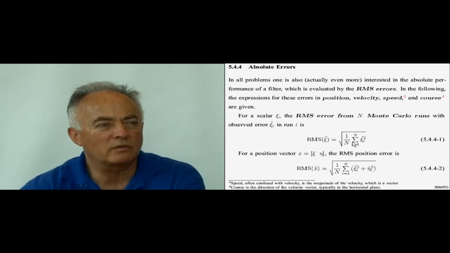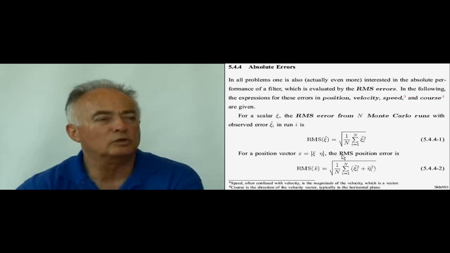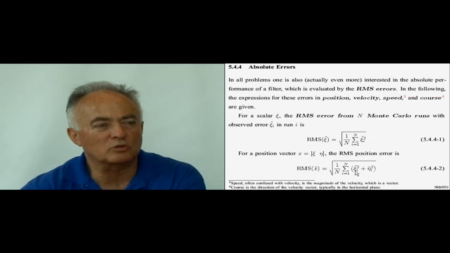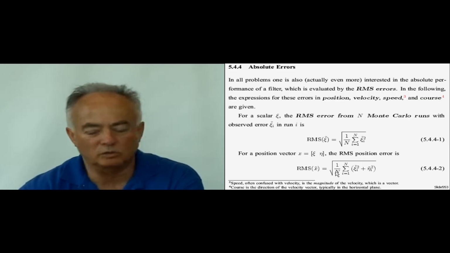So, what you have in run i is a quantity psi i tilde, and you sum the squares, divide by N, take the square root. For a position vector, the RMS position error in 2 dimensions will be the sum of psi i squared plus eta i squared, with a tilde on each of them, summed over the number of runs, divided by N, and take a square root.